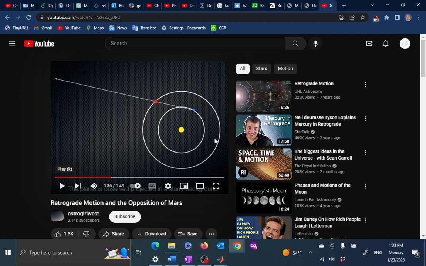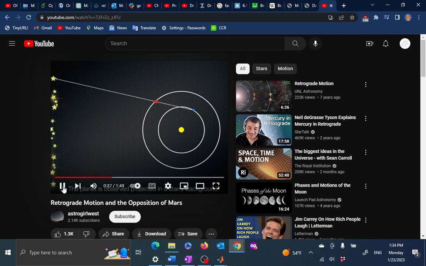So we have two circular motions, and each of them have their own angular velocity. And when you have multiple angular velocities, all sorts of interesting things happen. So what happens here? Let's go look. This is an interesting page, Astrogirl West, if you want to go look at it.